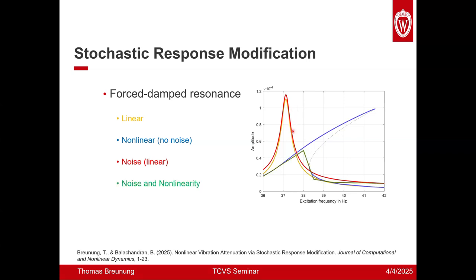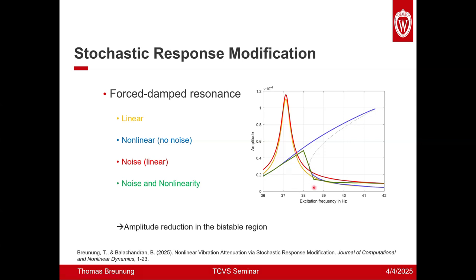We see now that the maximum vibration amplitude is drastically reduced. So this can function as a vibration attenuation strategy or vibration damping strategy. The interplay of noise and nonlinearity can be leveraged to reduce vibration amplitudes.